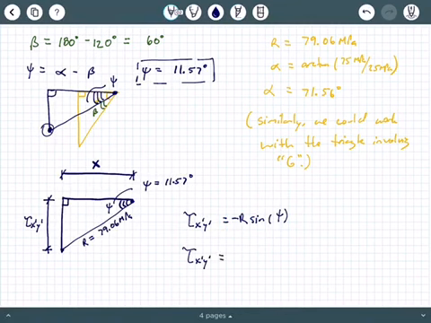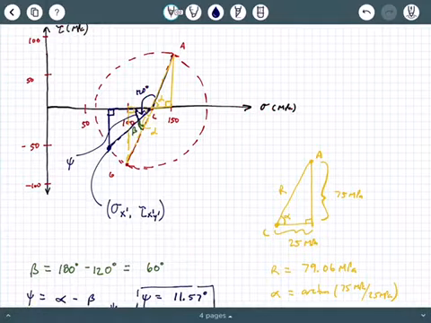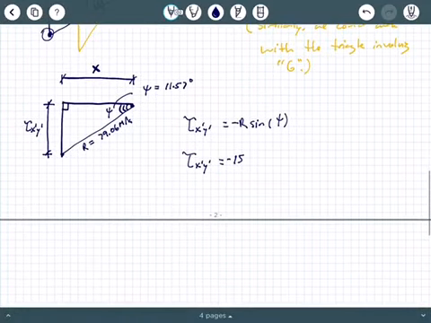All right, so here we go. We can just go ahead and get tau x prime y prime as the radius times the sine of that psi value, okay? And we can put a negative out in front of it because it's going into quadrant 4 where tau is negative.